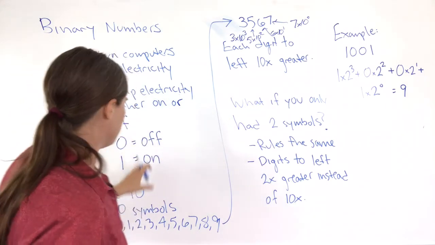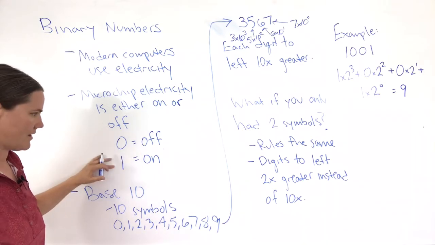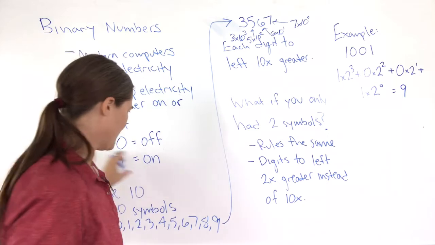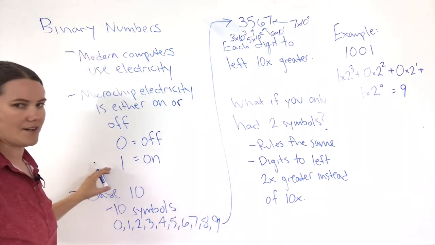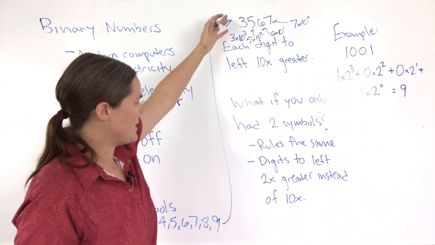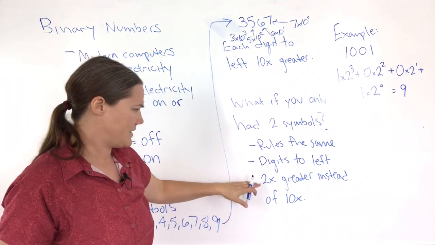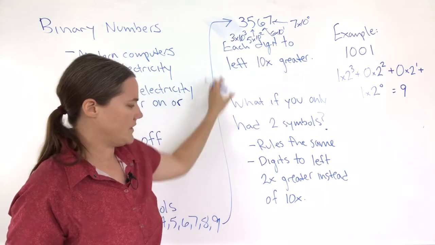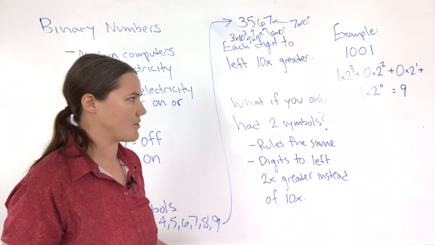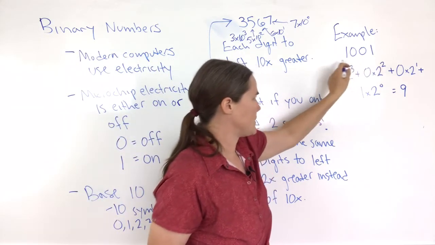Then coming back to the binary, where we really only have these two states, either on or off, what if we only have 2 symbols, like we only have the 0 and 1? Well, the rules are still the same as if we had base 10. The only difference is as you move to the left, the digits are 2 times greater rather than 10 times greater.